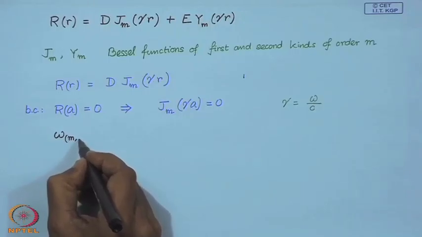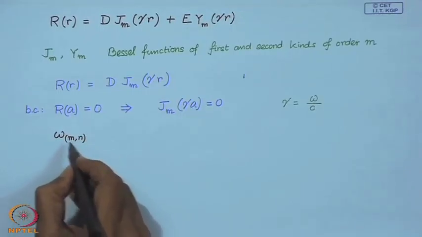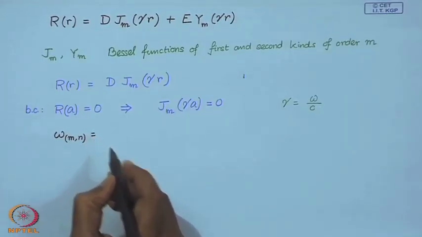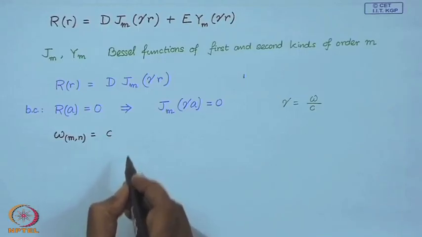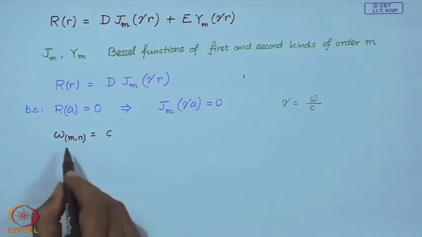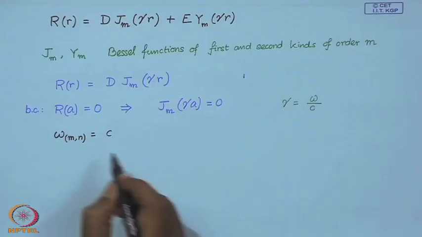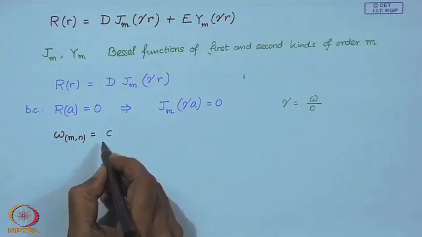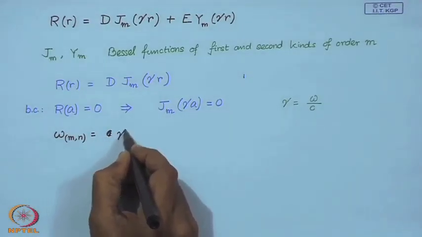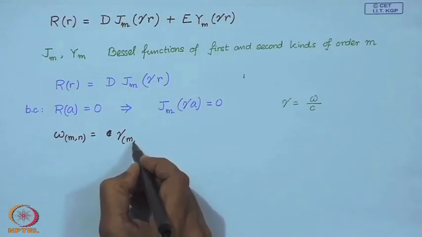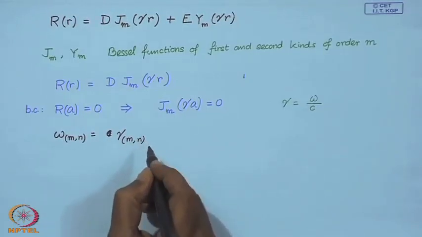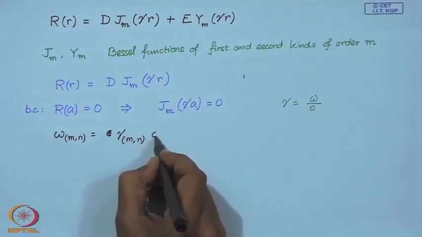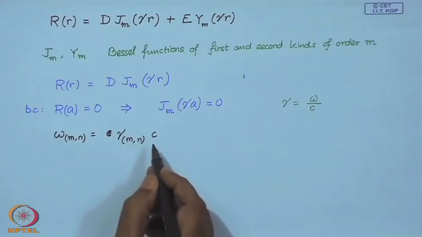Let me first write this in this form. This is gamma mn times c.